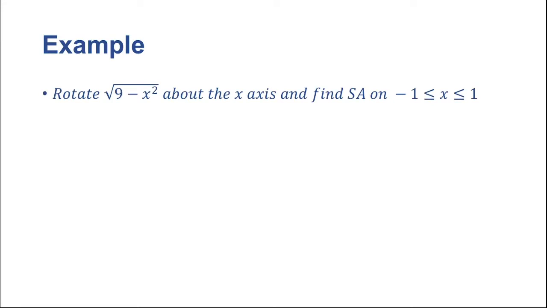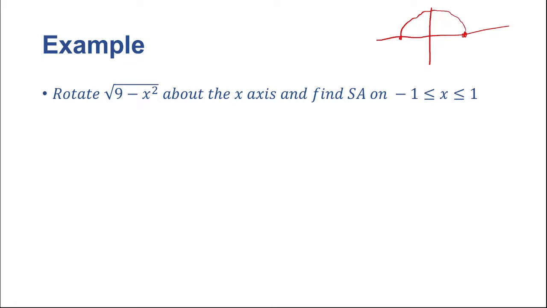I want us to rotate the square root of 9 minus x squared about the x-axis and find the surface area between x equals -1 and 1. All right, so let's see. There's our rudimentary coordinate plane. As you know, this is going to be part of a circle. So it's going to be a circle of radius 3.